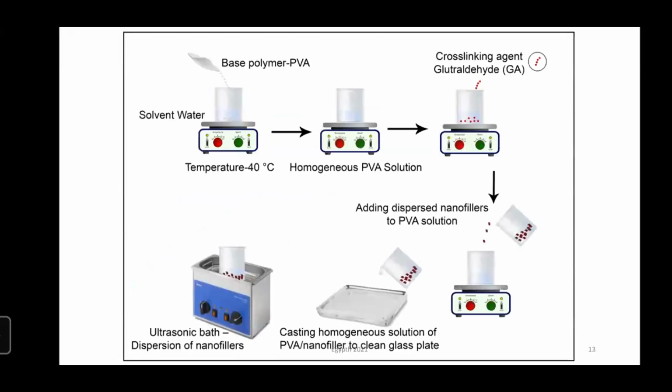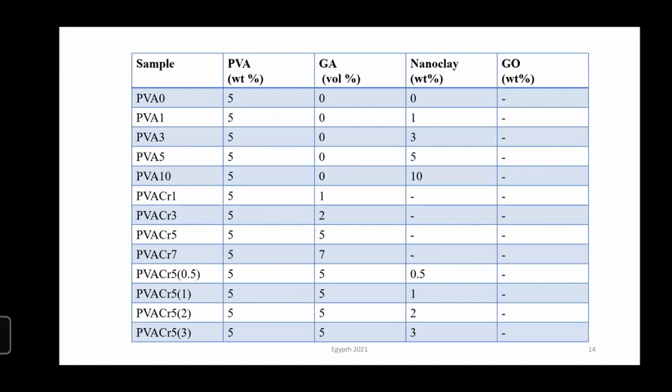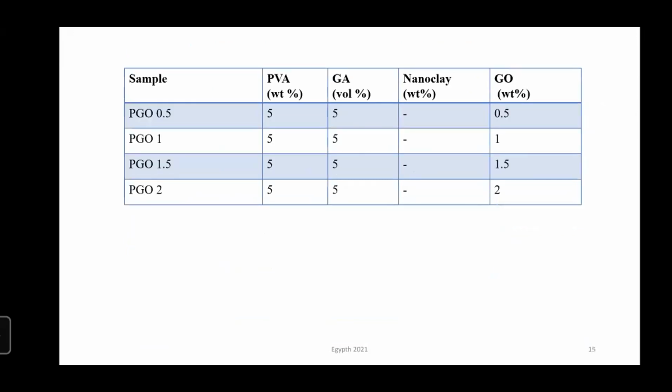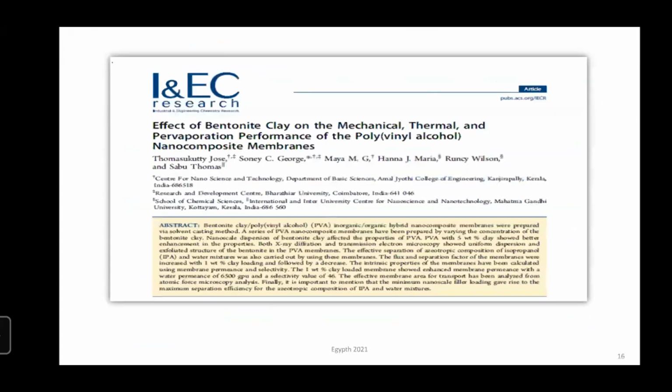This is the schematic for the preparation of polyvinyl alcohol graphene oxide or polyvinyl alcohol nanoclay nanocomposite material by the simple solution casting method. Varying the concentration of the filler, nanoclay, graphene oxide, and POSS, we manufacture polyvinyl alcohol nanocomposite membranes.